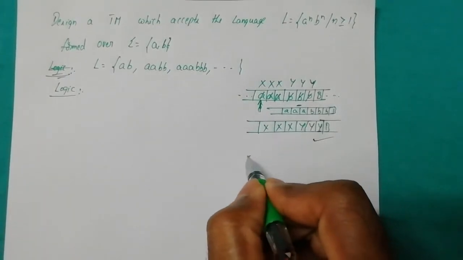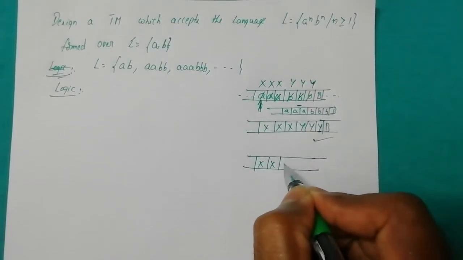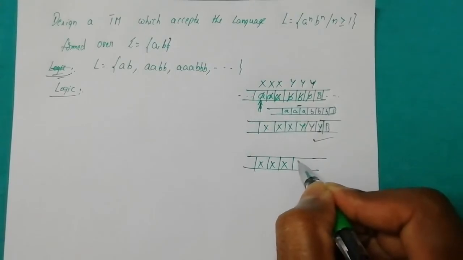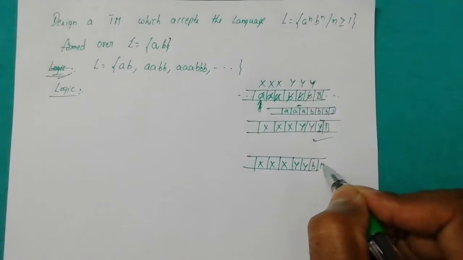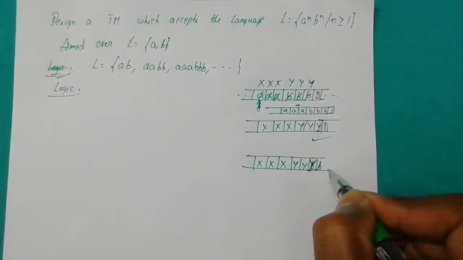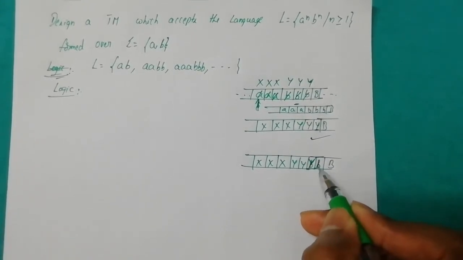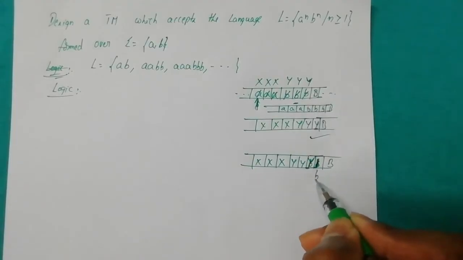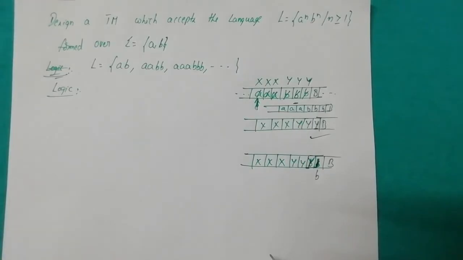For example, if the final output tape looks like this, meaning that one B is more than the number of A's, but our language is defined so that the number of A's and the number of B's should match.